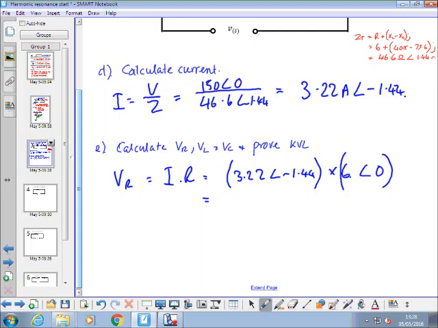If I make that 6 angle nothing, you multiply the magnitudes and add the angles.